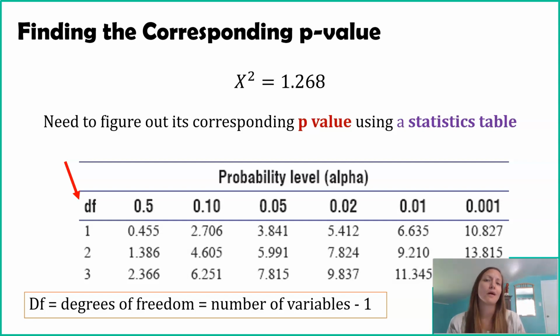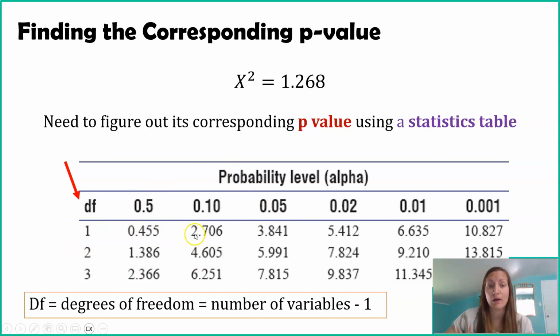So when it comes to a Hardy Weinberg problem, our degrees of freedom is actually 2 variables minus 1, meaning it's just 1 degree of freedom. Now, for those of you in my class, I don't really care if you know degrees of freedom or not. If you want to just memorize Hardy Weinberg, degree of freedom of 1, that's totally fine.